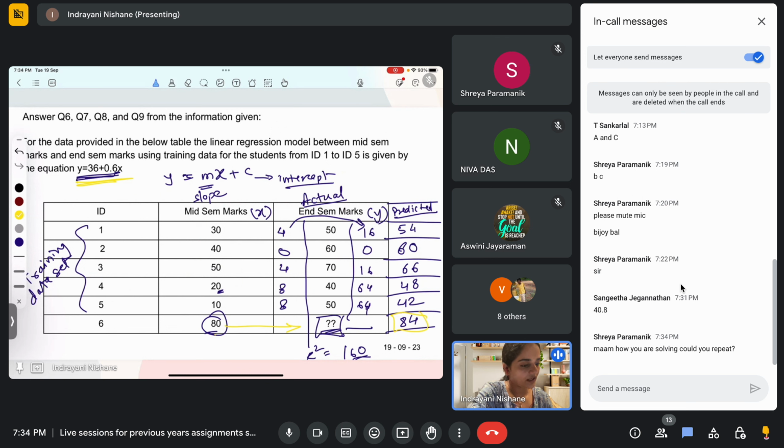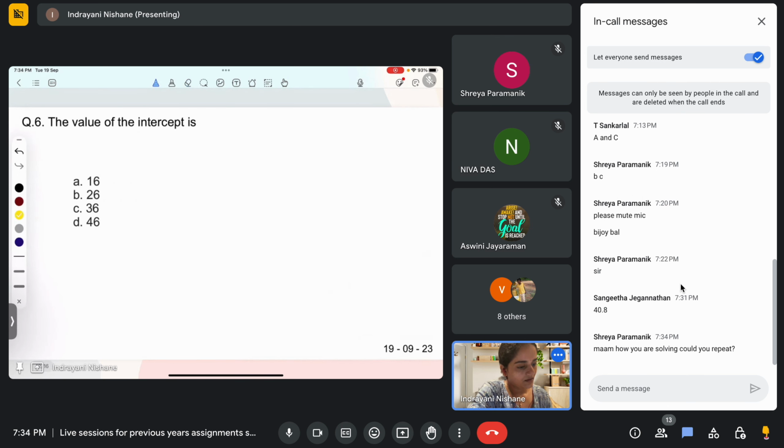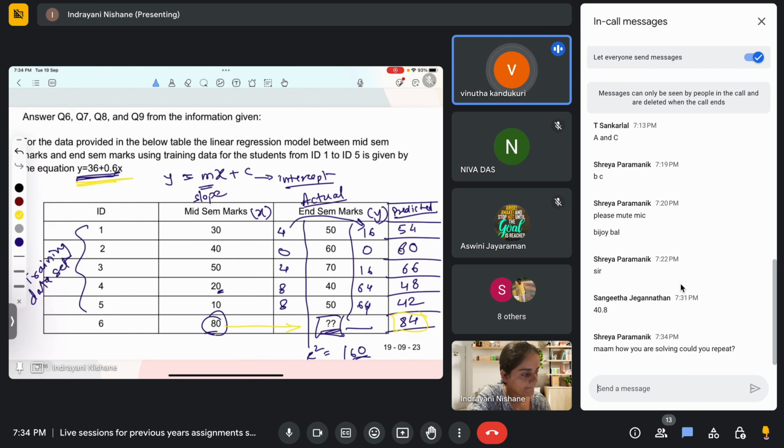So now let's look at the questions. What is the value of intercept? So easy. Yeah. No, we did not get that.